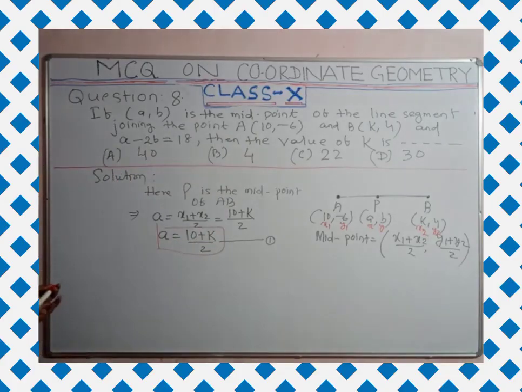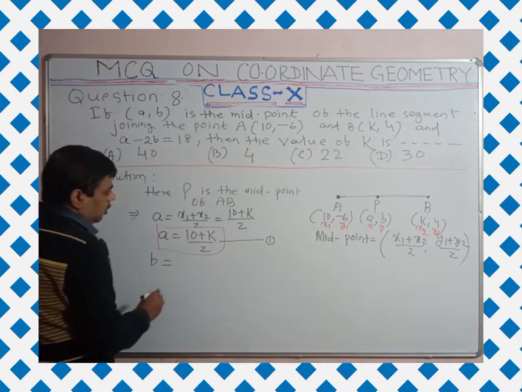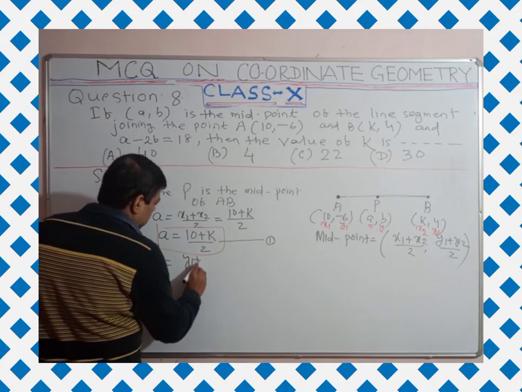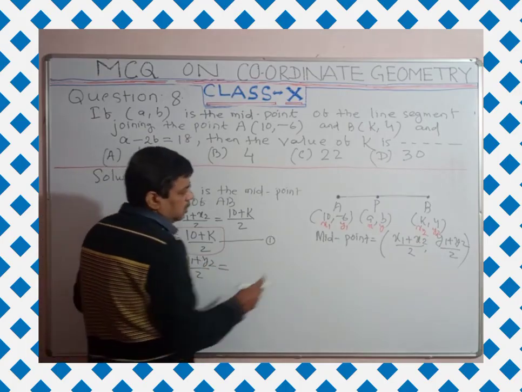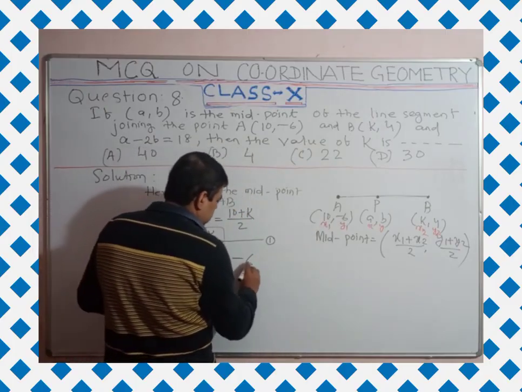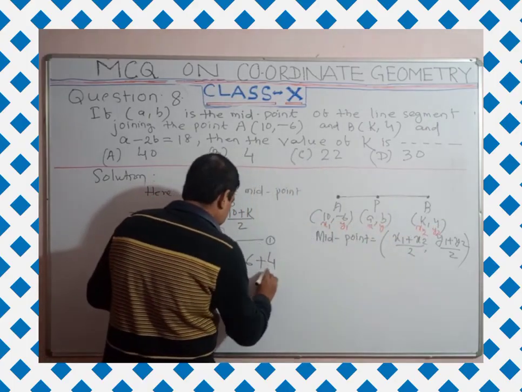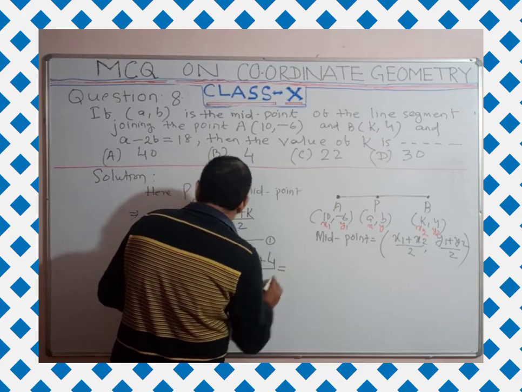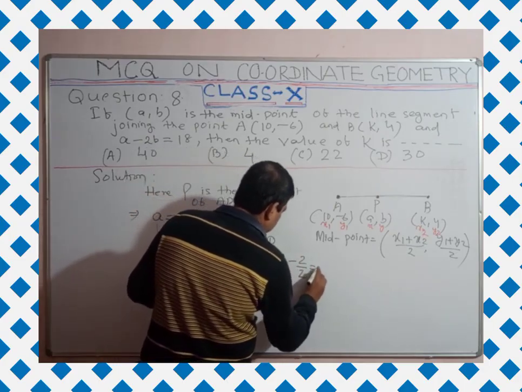Similarly, the coordinate b is y1 plus y2 upon 2. Yes or no? Here the value of y1 is minus 6, and the value of y2 is 4, upon 2, which is equal to minus 4 plus... minus 2 upon 2, which is equal to minus 1.